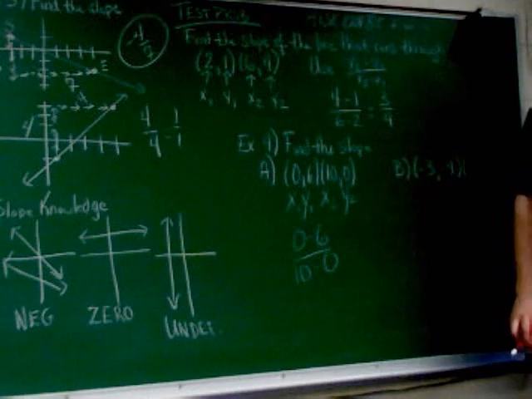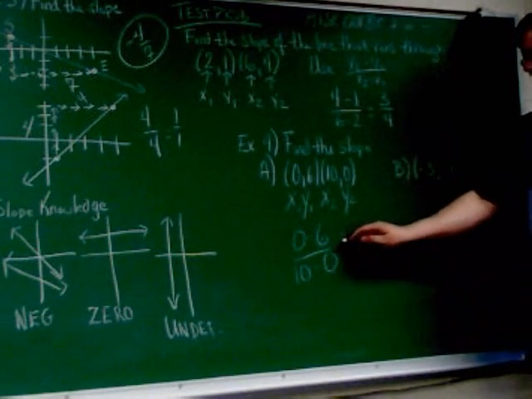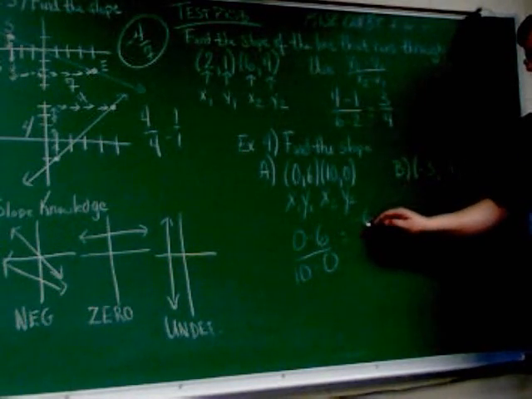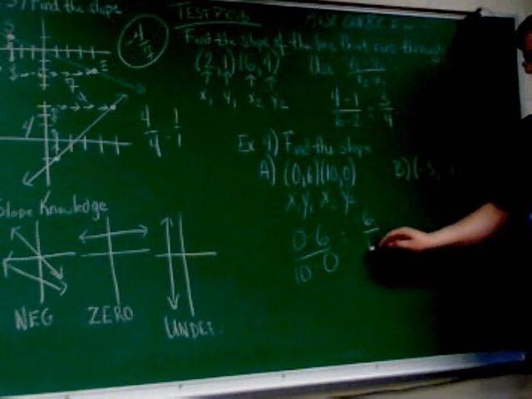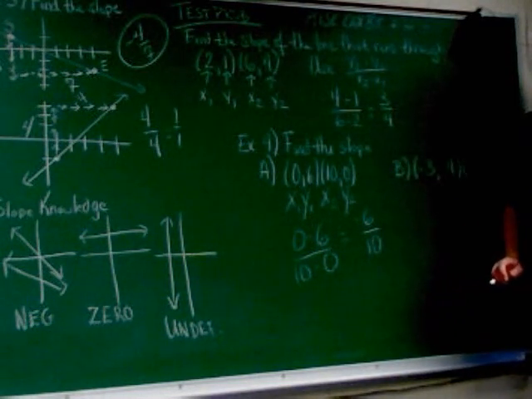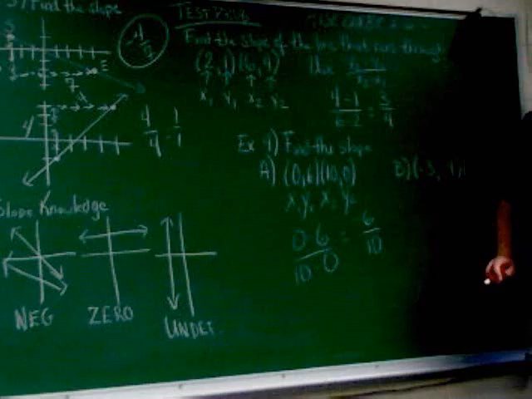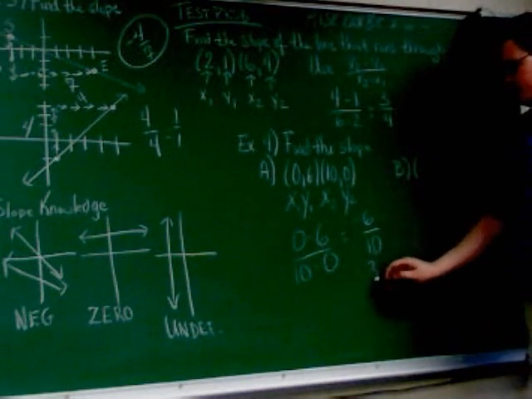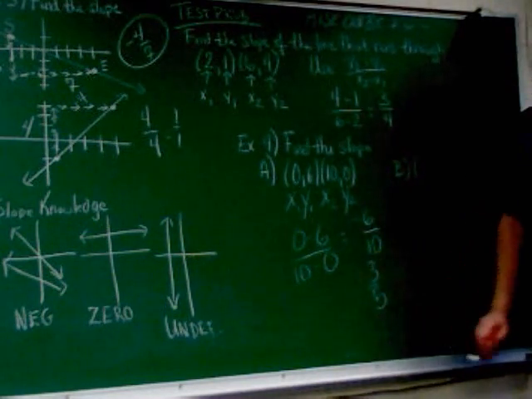Now we just have to subtract it out. 0 minus 6 gives me -6. 10 minus 0 gives me 10. You can reduce it if you want to. You don't have to. That does reduce to -3/5. And there you go. You found the slope.